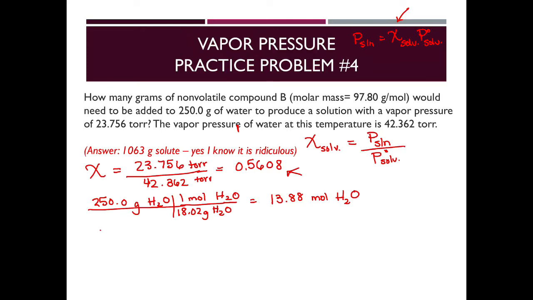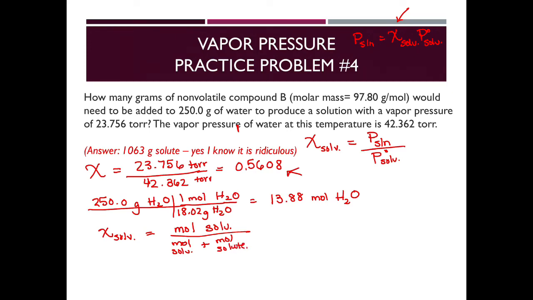Okay, so let's think about what we know about our mole fraction. Our mole fraction is the mole fraction of our solvent, which means it's moles of solvent over total moles, so moles of solvent plus moles of solute, right?